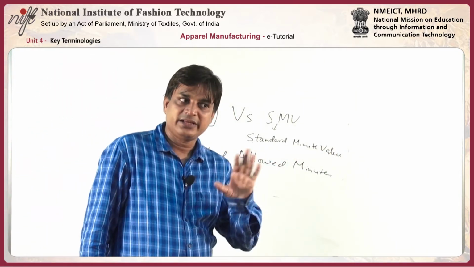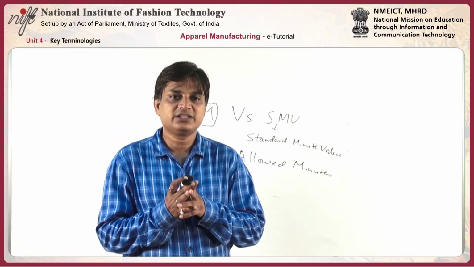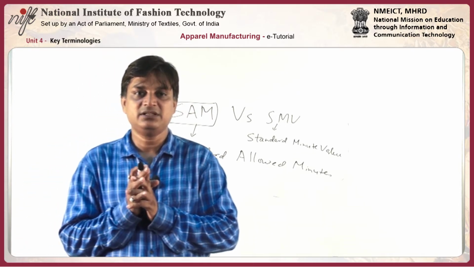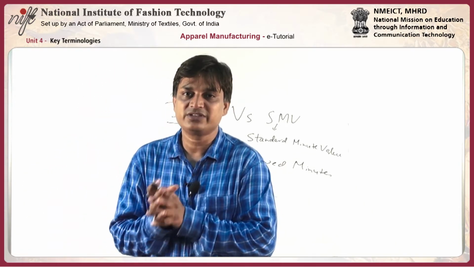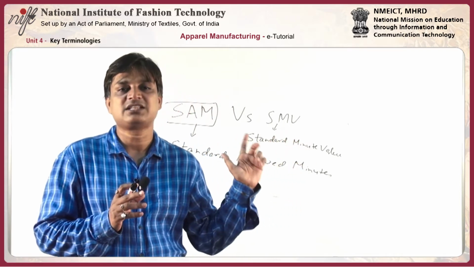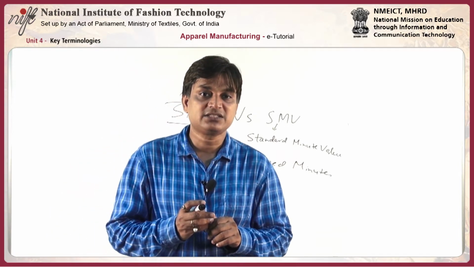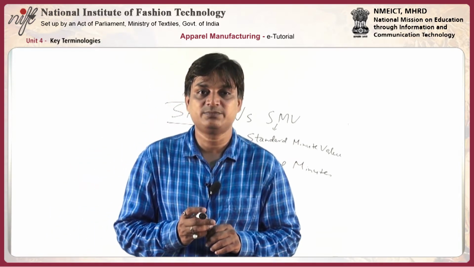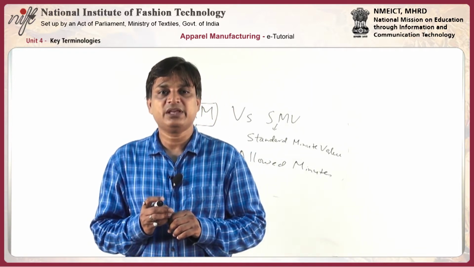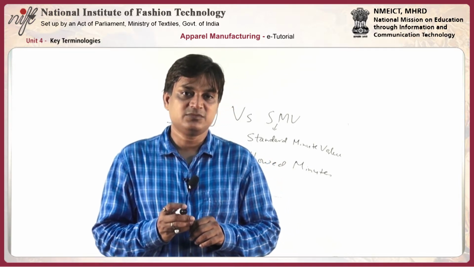The next question is whether there is any correlation between SAM and SMV. First we will discuss what SAM is exactly. The full form of SAM is Standard Allowed Minute. It means time in minutes that is assigned to a specific operation after doing a time study or using PMTS, that is, predetermined motion time systems.